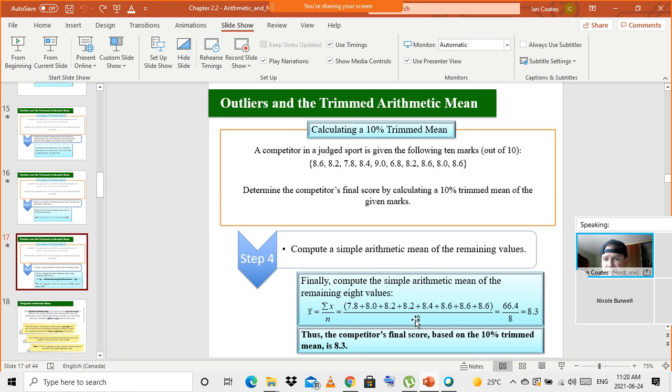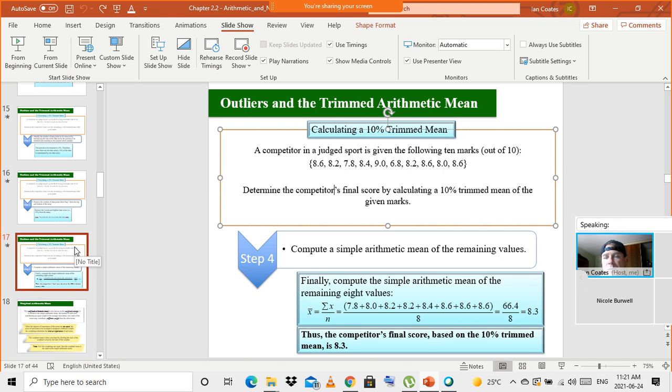There were 10, but we've taken the lowest and the top off, so now there's only 8. So you add them up, divide by the number, and you get 8.3. Looking at the numbers, if we get rid of this 6.8, a mean of 8.3 looks good.